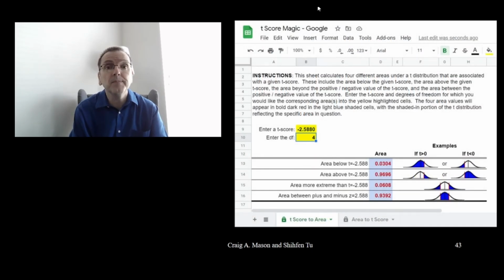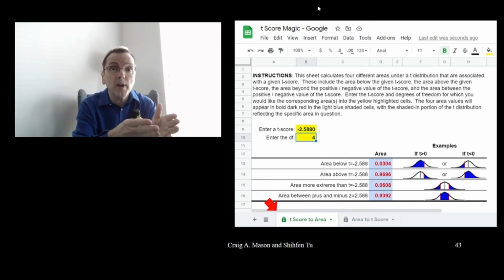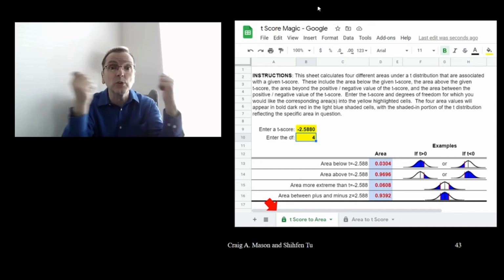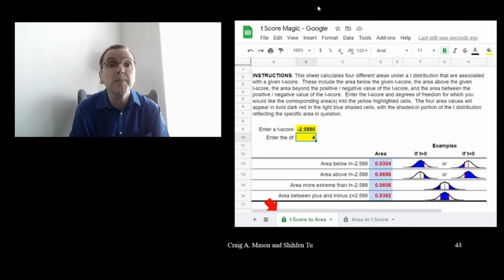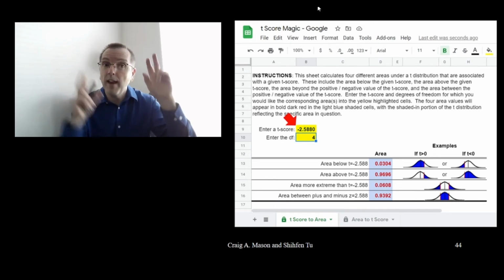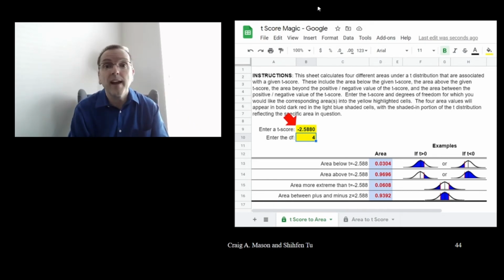So to get the p-value, let's take this t-score back to TScoreMagic and find whatever our p-value is. So here, I've opened up TScoreMagic again, but this time I'm going to the t-score to area sheet because now we know our t-score. We just want to know the area that's beyond that t-score in both of our tails. I then enter the t-score of negative 2.588 into the enter a t-score cell, and I enter my degrees of freedom of 4 into the enter the degrees of freedom cell, and I instantly get 4 areas.